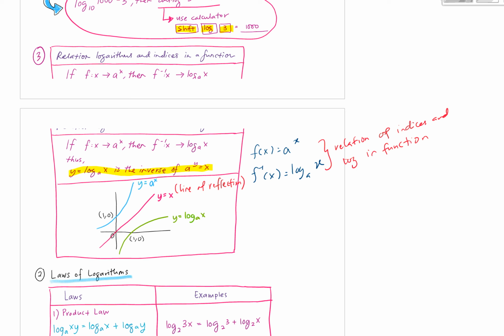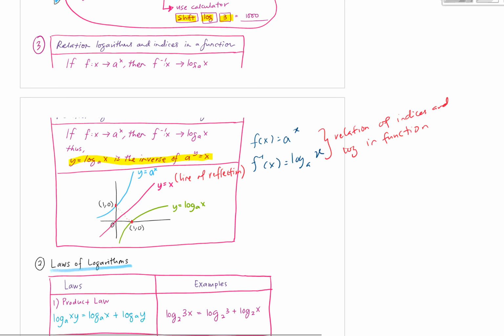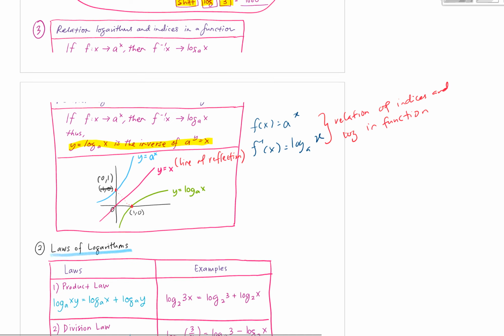Ingat, kalau point indices awak adalah dekat 0, 1. So, bila dia reflect, punya inverse adalah 1, 0. Sorry, terbalik ni. Salah ni. Dia punya 0, 1. So, dia punya inverse adalah 1, 0.